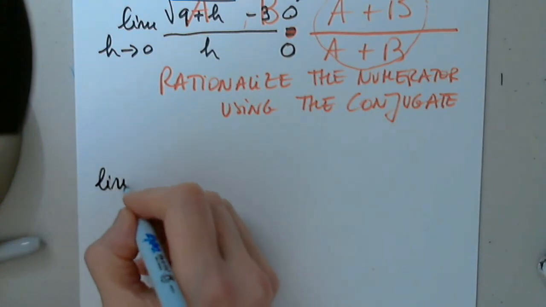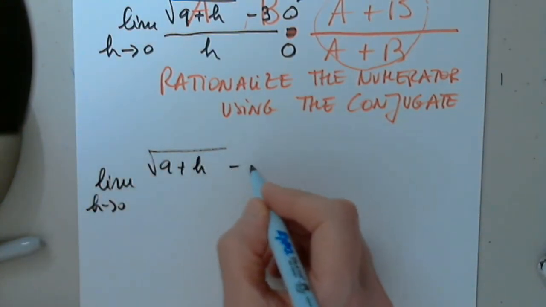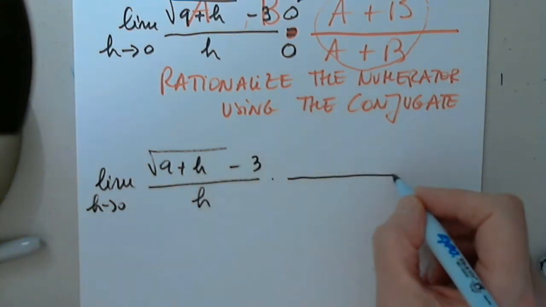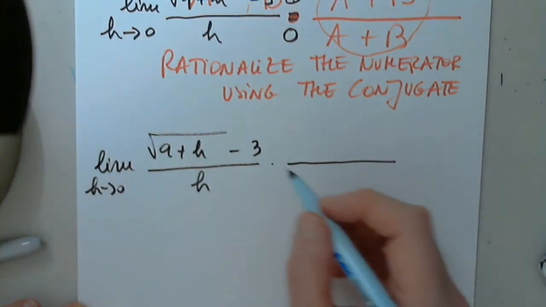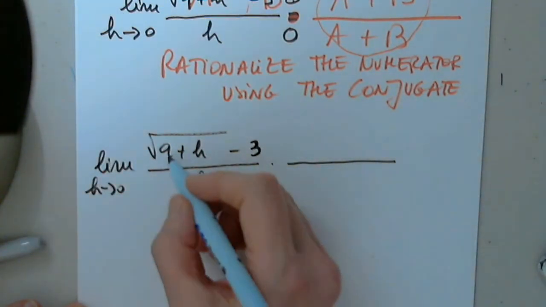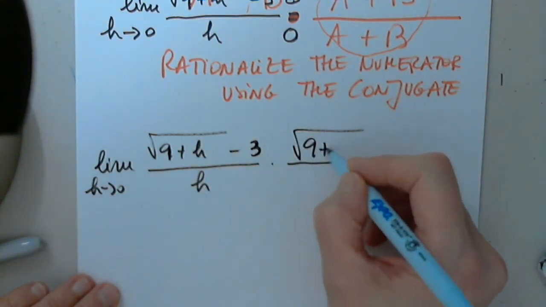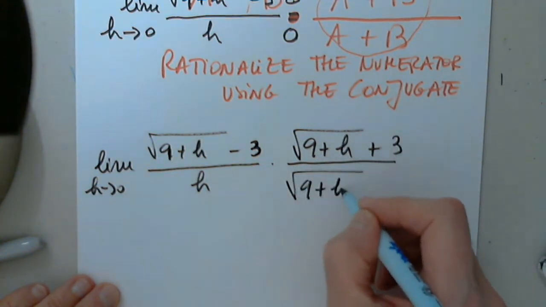So then the limit as h approaches 0 of the square root of 9 plus h minus 3 over h will be multiplied by, can anyone give us the conjugate again? The square root of 9 plus h plus 3. Good. Over the square root of 9 plus h plus 3.